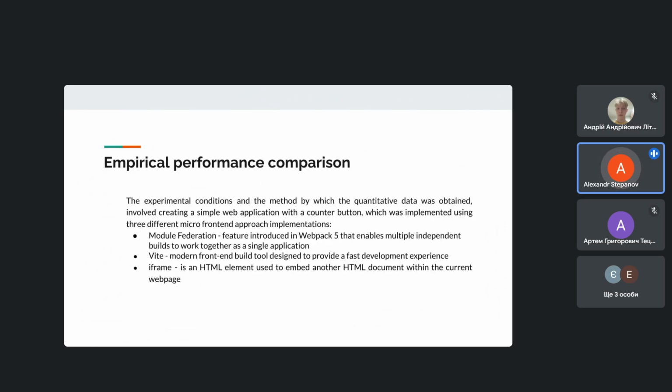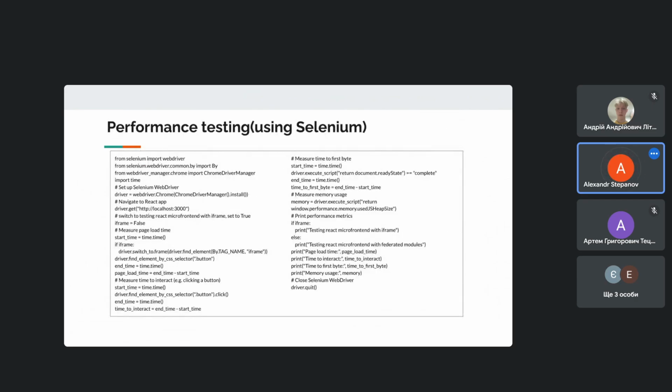Some words about the empirical performance comparison, based on two simple projects on different technology stacks and architectures, which are the same in code base but on different stacks. One of them is based on Module Federation, another one is Vite, and the last one is iframe, just to compare.